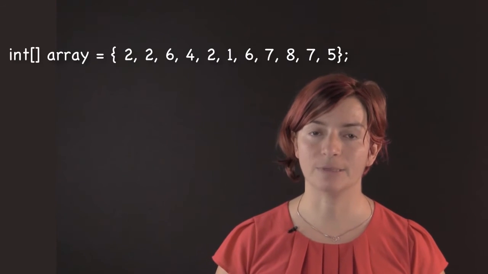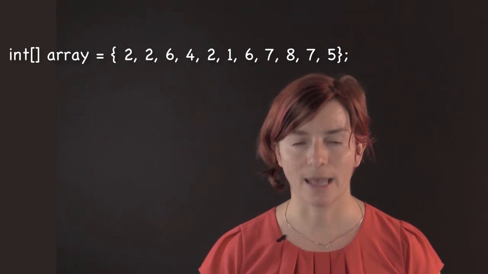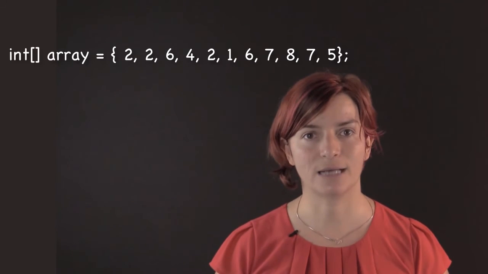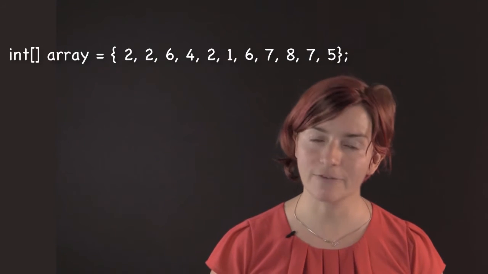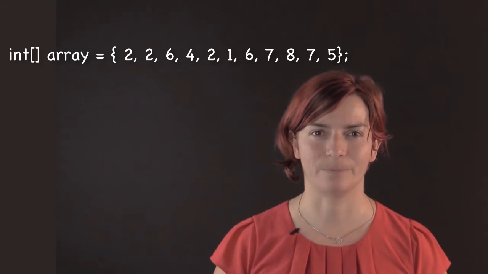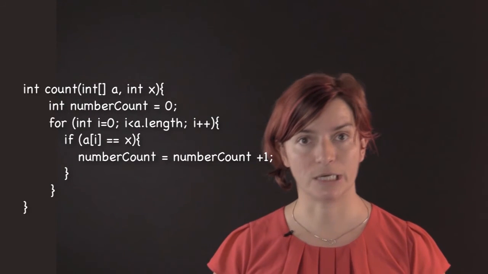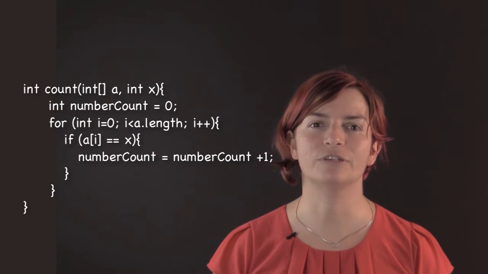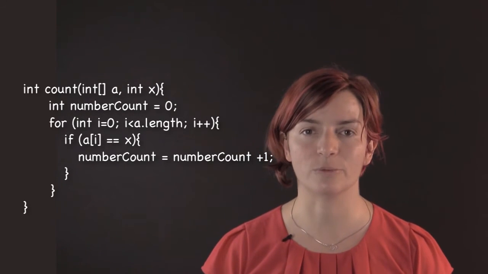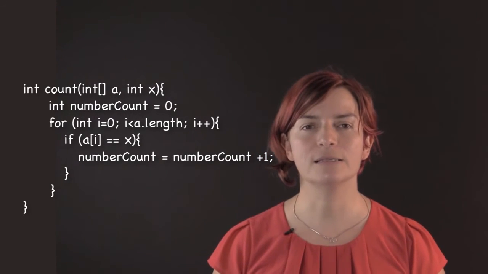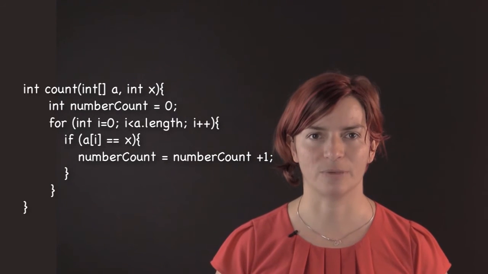Let's say we have a program that needs to count the number of elements equal to 2 in an array and print them, and then needs to count the number of elements equal to 7 in the array and print them. We can define a function called count, which returns an integer, which is the number of times the value given as an argument, say x, appears in the array A given as argument.